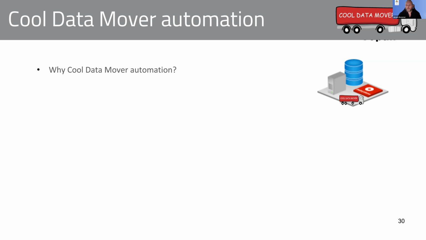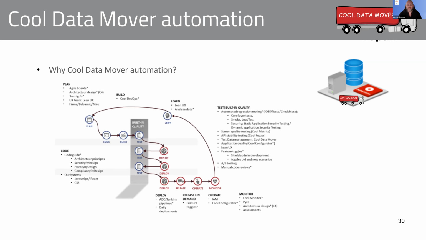So first, of course, why automation? I already told you a little bit about it, but there's a lot more coming to the development of OutSystems applications. So Sander, if you can press the button one more time, please. Then here you have a software development lifecycle.